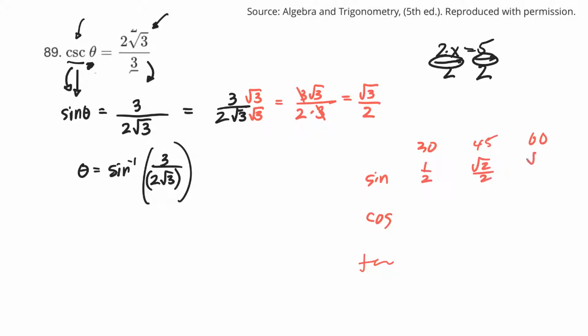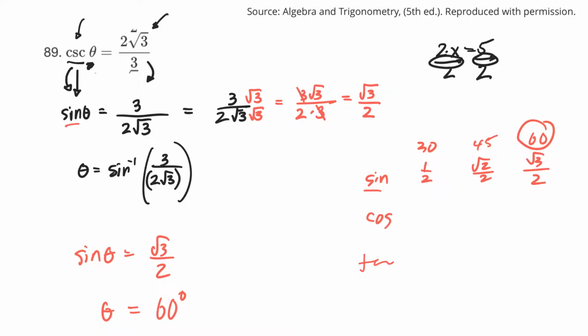This one's root 2 over 2, root 3 over 2. And so here I'm looking at sine, and it says sine of an angle is root 3 over 2. And I look on here and it's sine, here's root 3 over 2. It happens at 60 degrees. Therefore, theta is equal to 60 degrees.